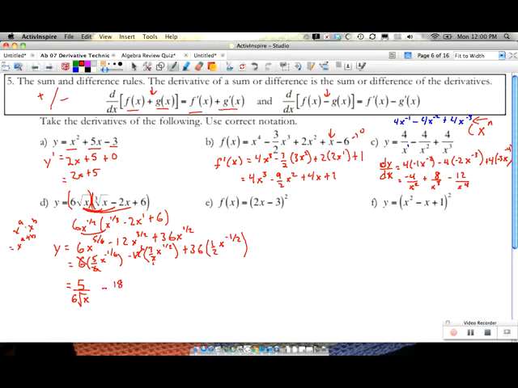So the second term is going to be negative 18. X to the 1/2 means square root of x. The last one, 36 and 1/2, is going to make positive 18. But this time it's the negative 1/2, so that means it's in the denominator. Square root in the denominator. Oh, this is y prime, by the way.